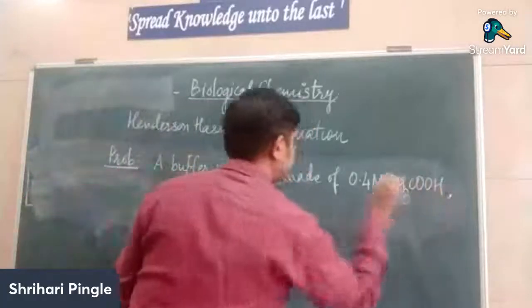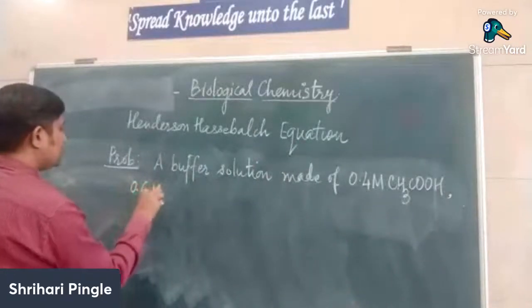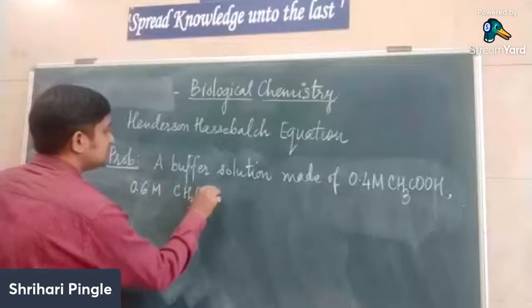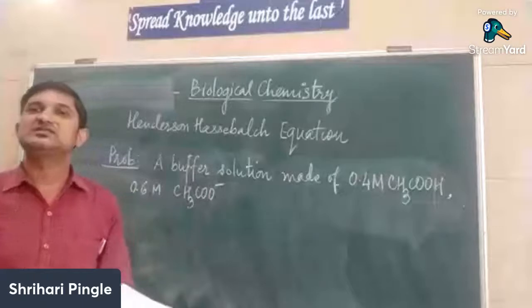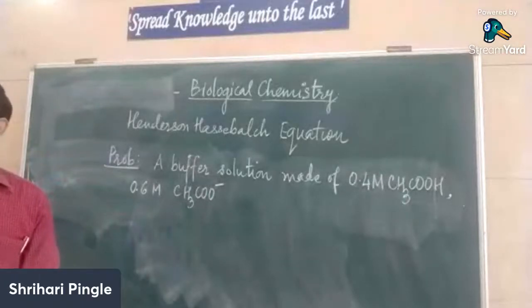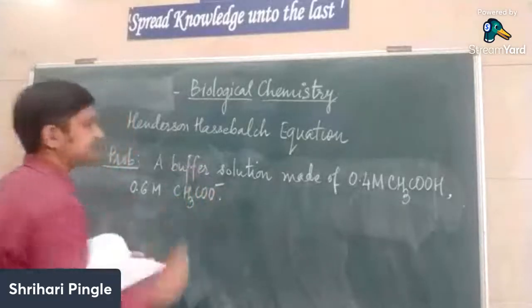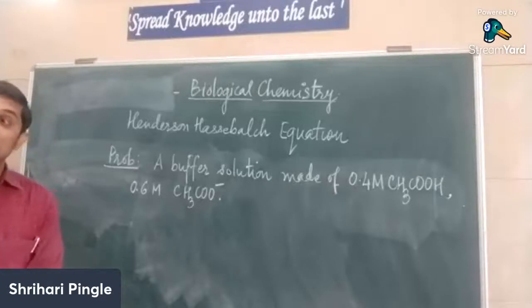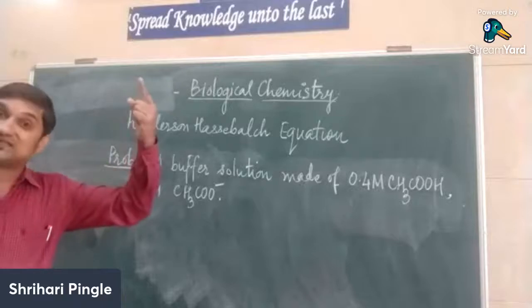And 0.6 molar CH3COO minus. What is this? This is acetate ion. So you know the concentration of the acid, and you know the concentration of acetate, meaning its corresponding base.